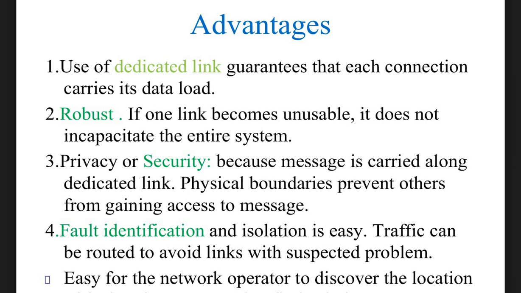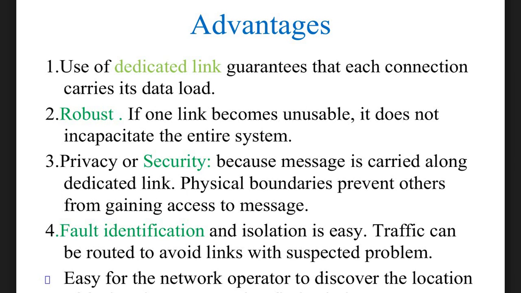Privacy or security is high. Why? Because it has a dedicated link, no other person can enter, and no privacy is damaged. Fault identification and isolation is very easy. Because one link is carrying one particular data, if that data didn't reach, I understand that that particular channel is not working.